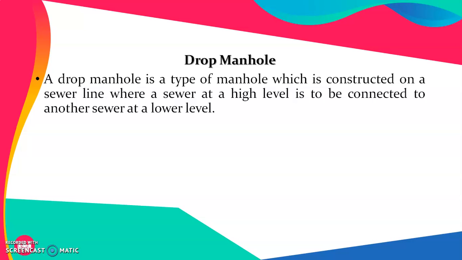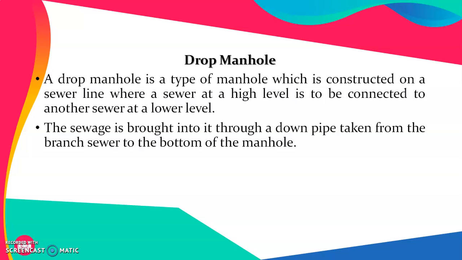Next is the drop manhole. A drop manhole is a type of manhole which is constructed onto a sewer line, where a sewer at a higher level is to be connected to another sewer at a lower level. Or in other words, a drop manhole is provided at the junction of two sewers which are generally located at different depths or different elevations.